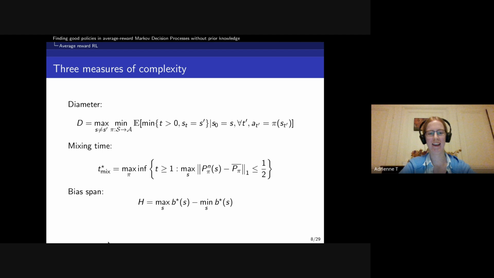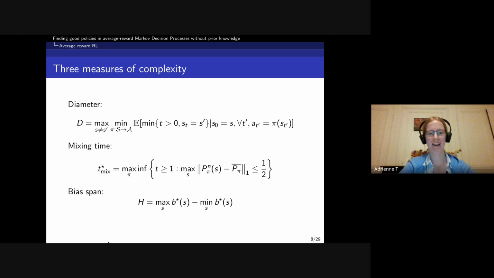So the first of them is the diameter, which we call D. And heuristically, it's the time that you would need to go from one state to the other. So if there's, for example, one state that's very, very hard to reach, it means you'll have a very high diameter.